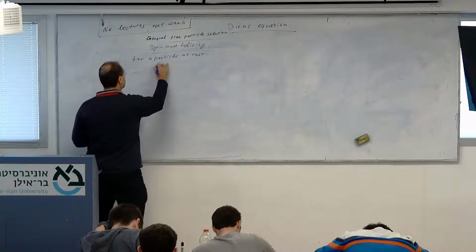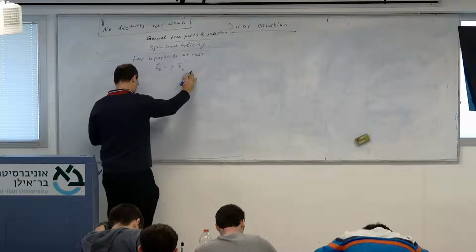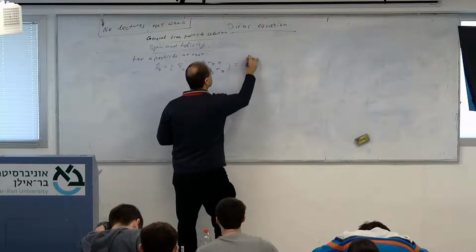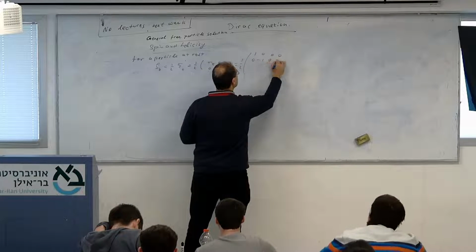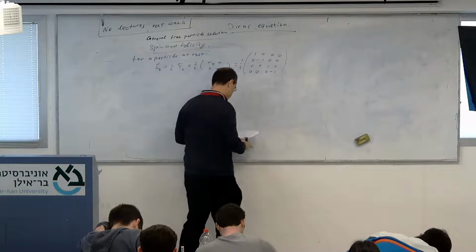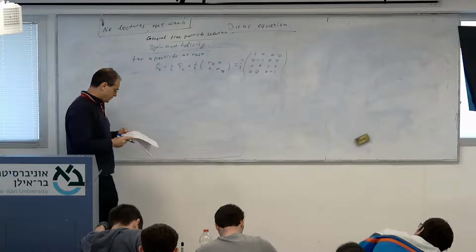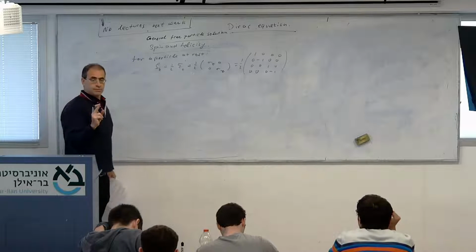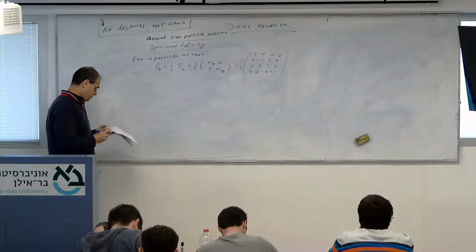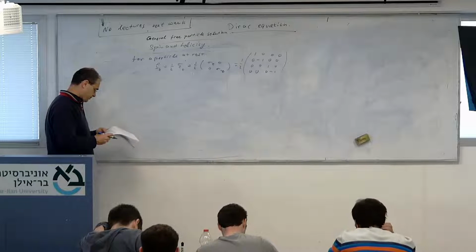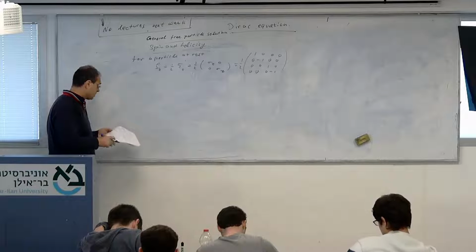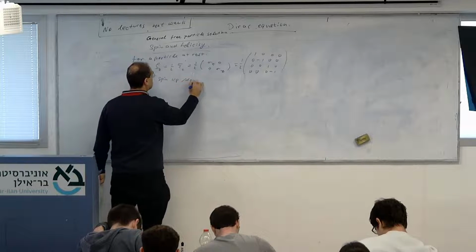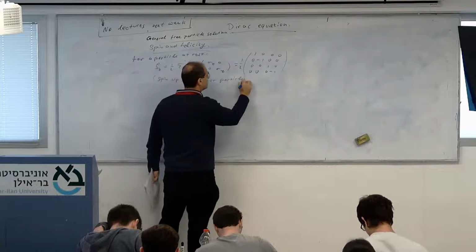S_z is 1/2 sigma_z, so it's 1/2 of the block matrix with sigma_z and sigma_z, which is 1/2 times 1 0, 0 minus 1. So this is spin up and spin down for particles at rest.